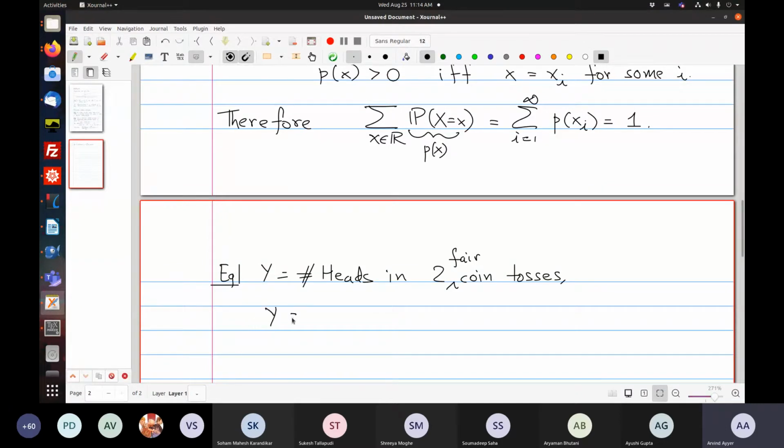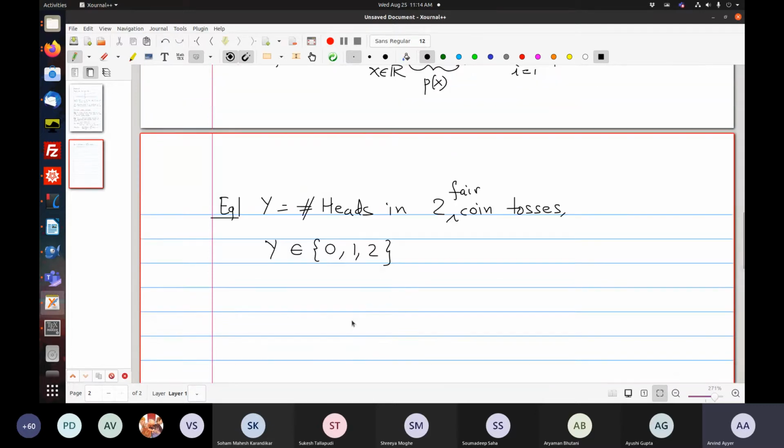Remember that Y lives in this finite set 0, 1, 2. And so what is p of x? What is this equal to? Can someone tell me? If x is equal to 0, then we have 1 by 4. Correct. If x is equal to 1, then we have 1 by 2. And if x is equal to 2, then we have 1 by 4. Correct.